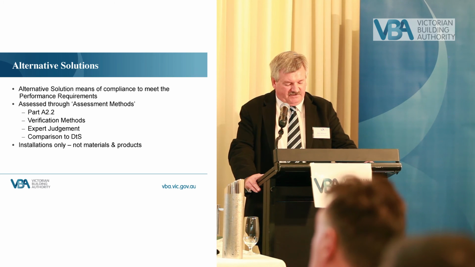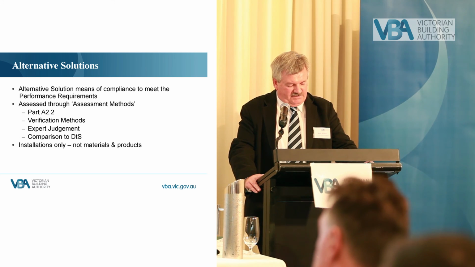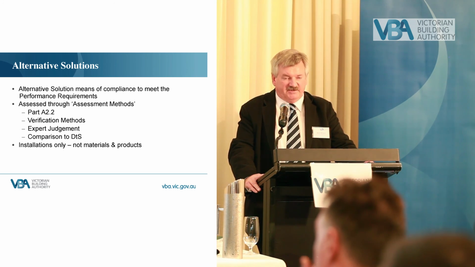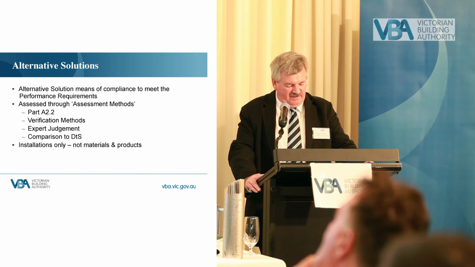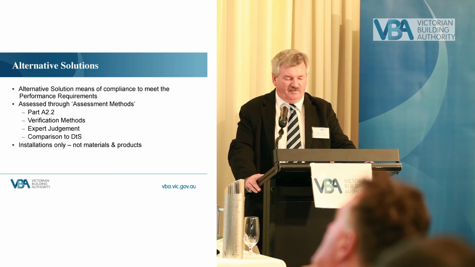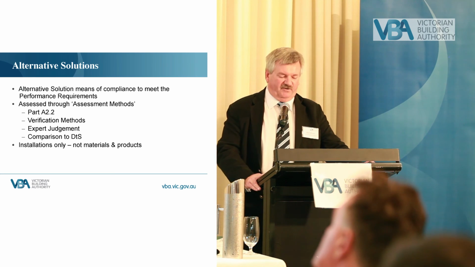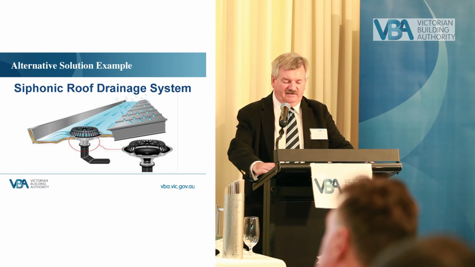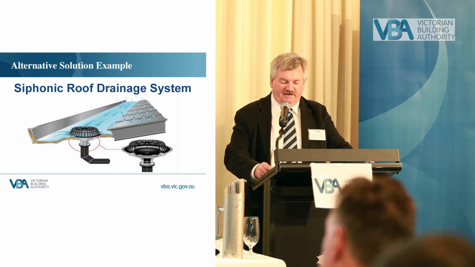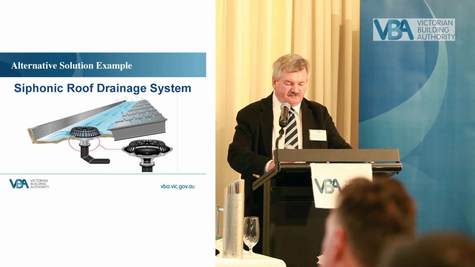It's worth noting that alternative solutions can only apply to the performance requirements for installations, not the requirement for materials and products to be certified or authorised. So a product has to be watermarked. There's no way around a non-watermarked product. Using an alternative solution in roof plumbing, as an example, is a siphonic roof drainage system.